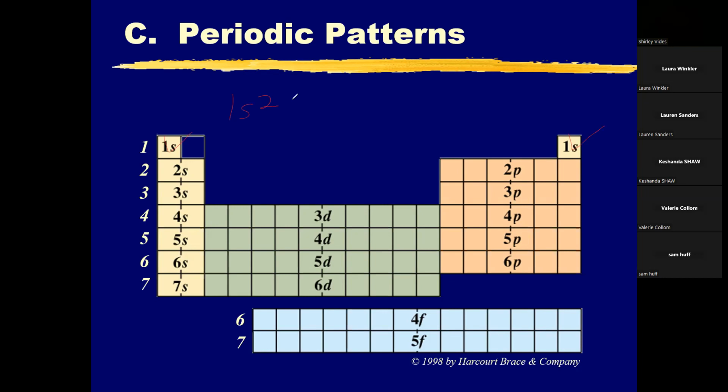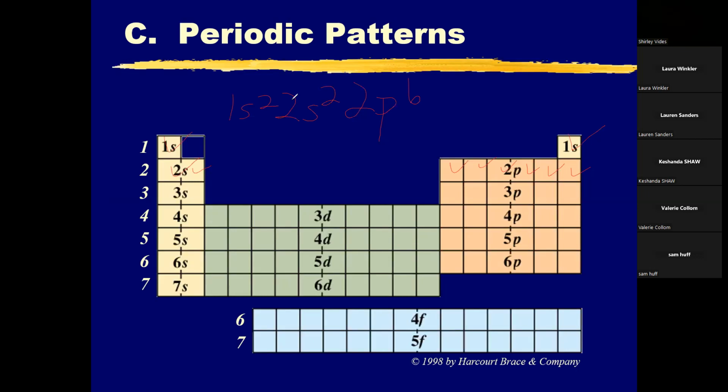Then we've got 3 and 4, so that would be 2s2. And we're just saying that S2 is full. We cannot add more because the maximum number of electrons for an S is 2. And we've got 2p, 1, 2, 3, 4, 5, 6. So far we've only placed 10 electrons. That's not enough. We have 16 to place.